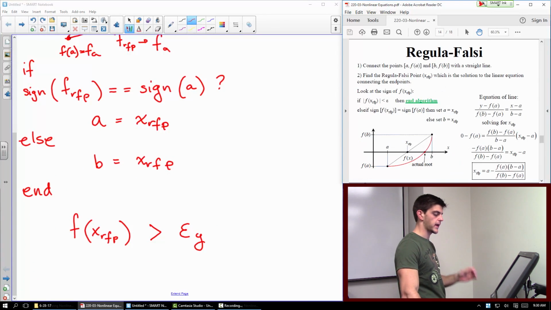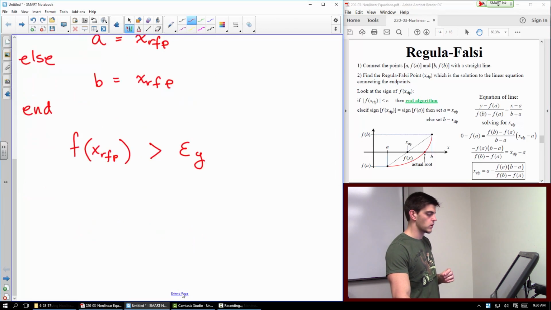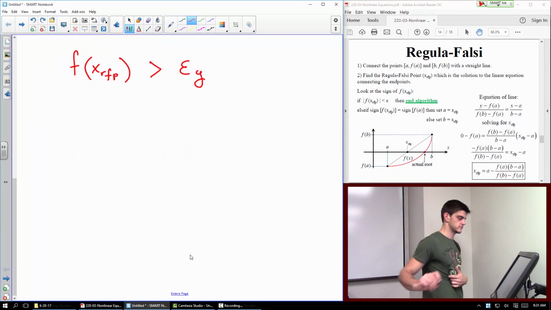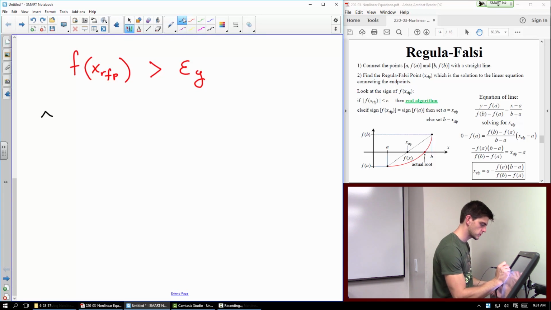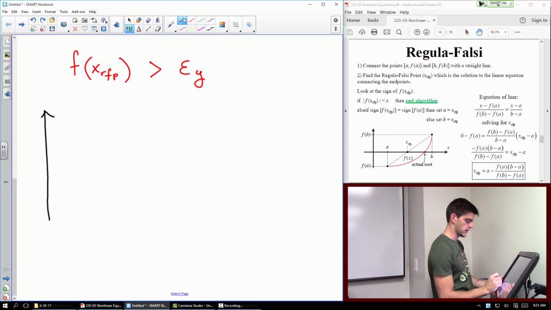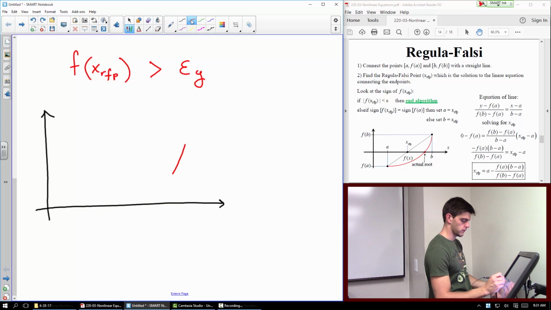Now, let's go ahead and derive the method. How are we actually going to calculate what XRFP is? And I'm going to draw a new picture to help us do that. Here's our curve.